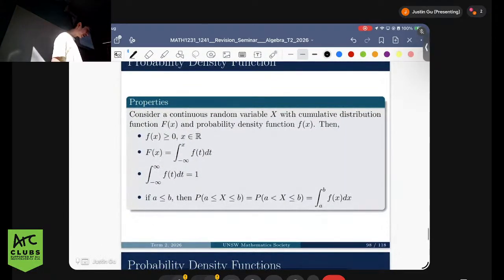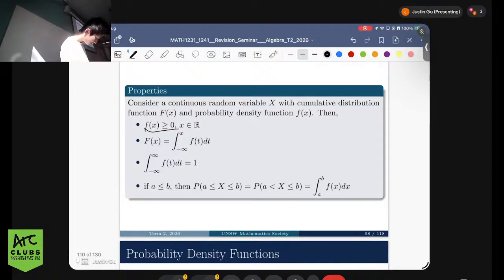So this is the probability density function. It should always be positive because probability shouldn't be negative.